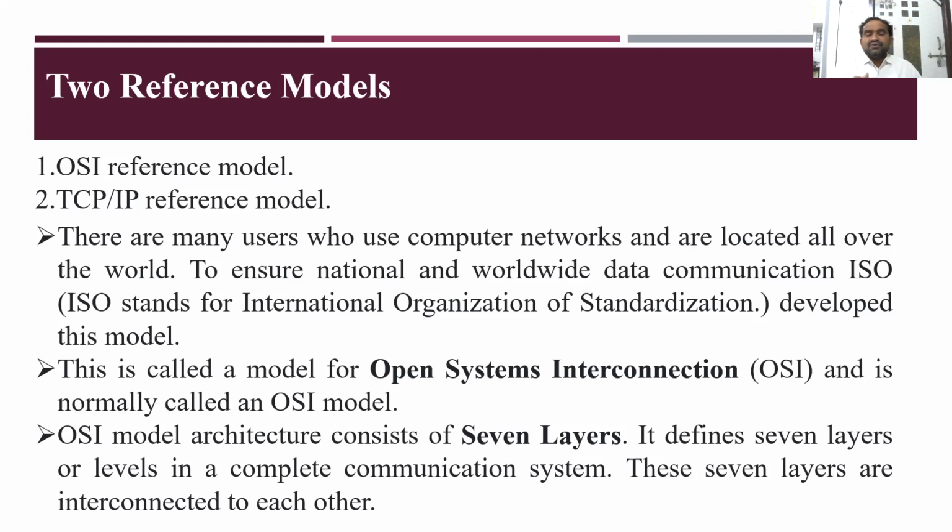This open systems interconnection reference model builds 7 layers, and each layer has intercommunication with its adjacent layers. It also provides services to each of the 7 layers. That is about the OSI reference model.